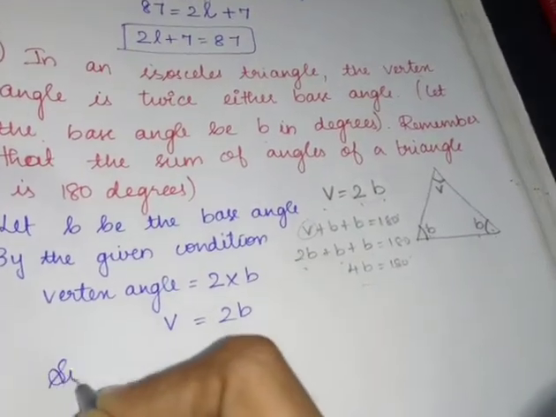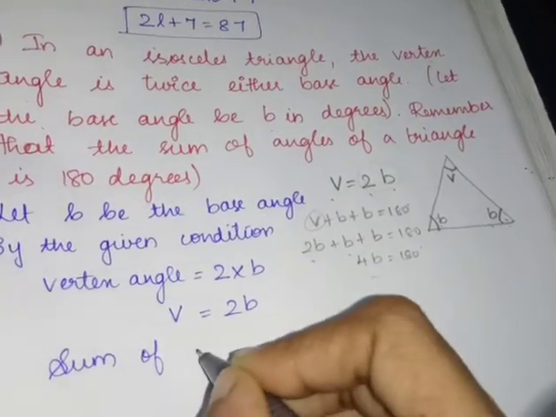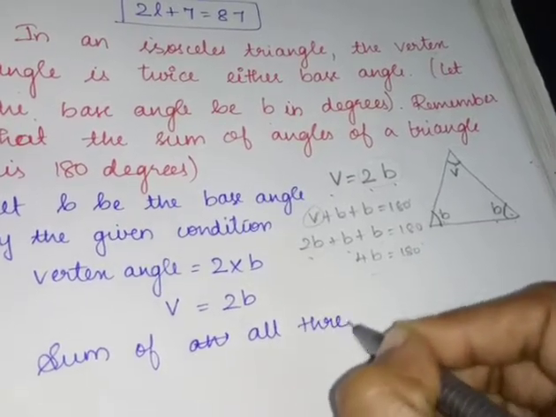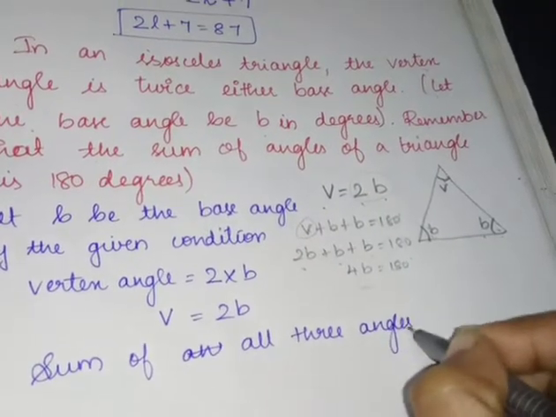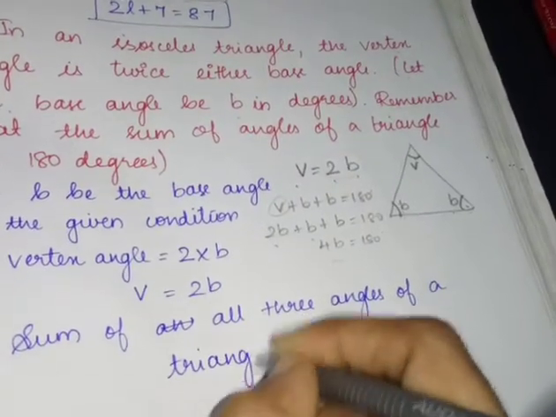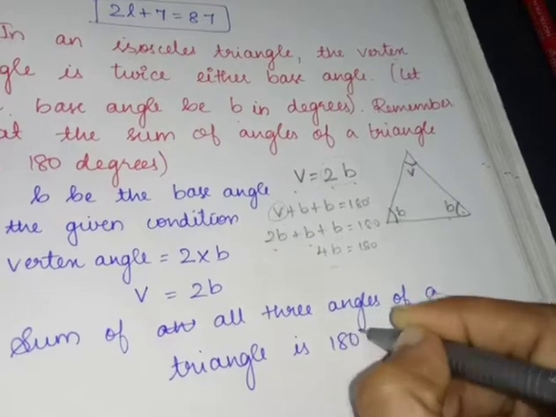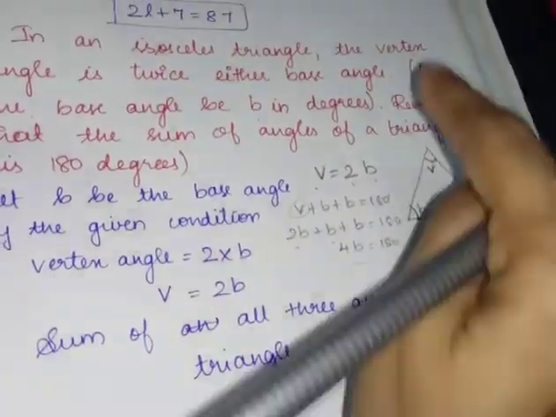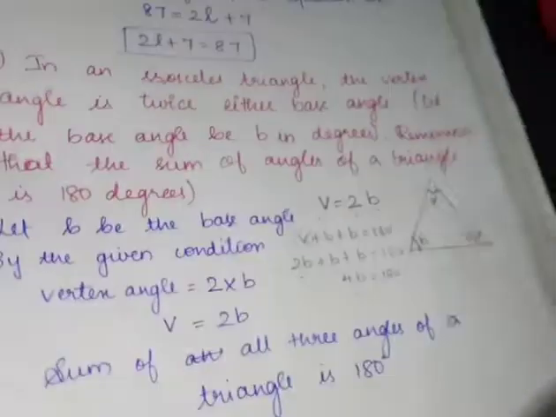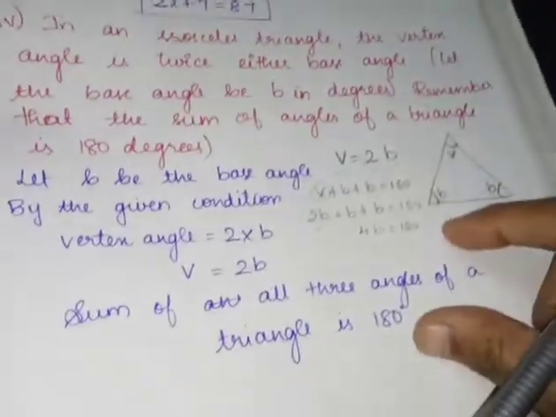Next, the sum of all three angles of a triangle is 180. Why are we using this? Because they said, remember, that the sum of all angles of a triangle is 180, so using this property we have to write it.